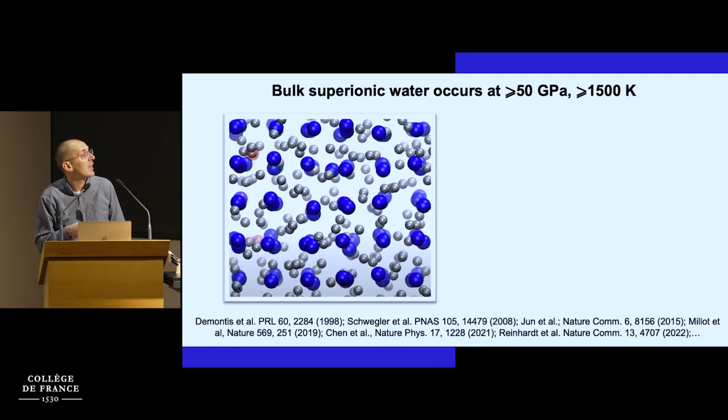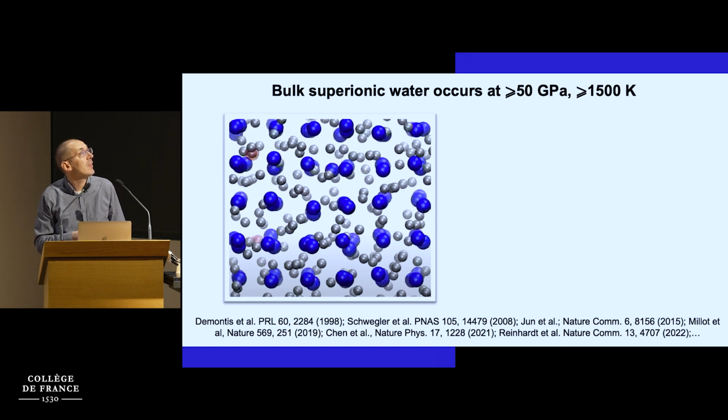The simple way superionic states are described, with the oxygens blue now, is as a material in which you have a lattice of oxygens and a delocalized gas of protons. So the oxygens sit on lattice sites, and the protons are delocalized.